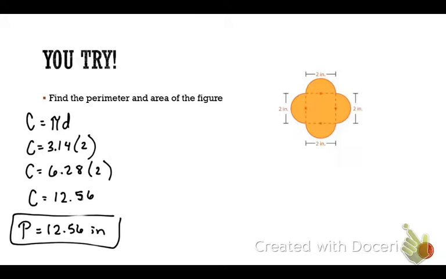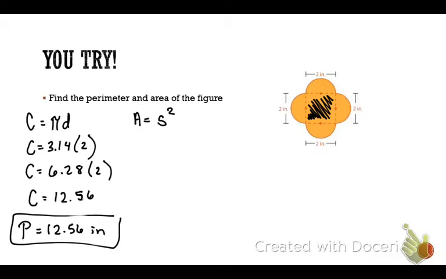Now the area is going to include the square because I need to know how much space fills this square. So what is the formula to find the area of a square? A equals, anybody remember? I saw it on your papers. No, for the square, s squared.